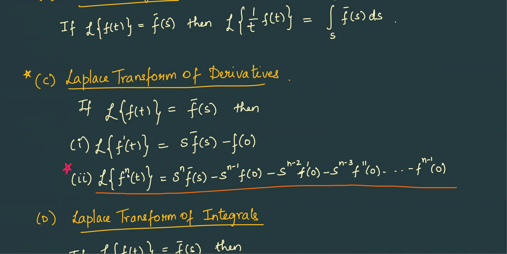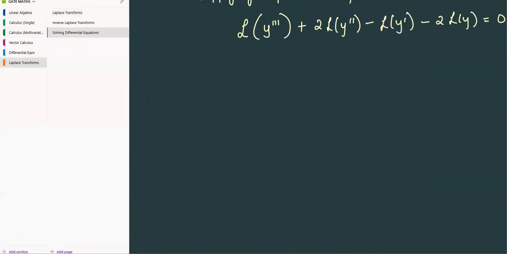Laplace transform of f, this is nth derivative, this is not f power n, it is nth derivative of t, is s power n f bar s minus s to the power n minus 1 f of 0, minus s to the power n minus 2 f dash 0, minus s to the power n minus 3 f double dash 0 and so on. So we will use this here for each case. This is very important.